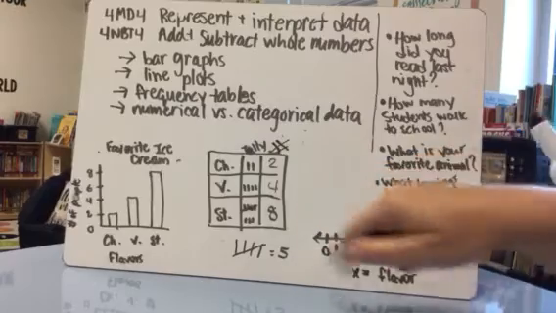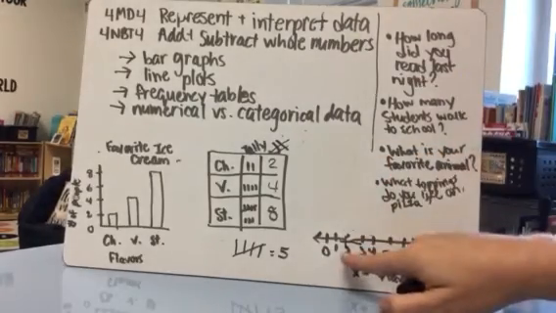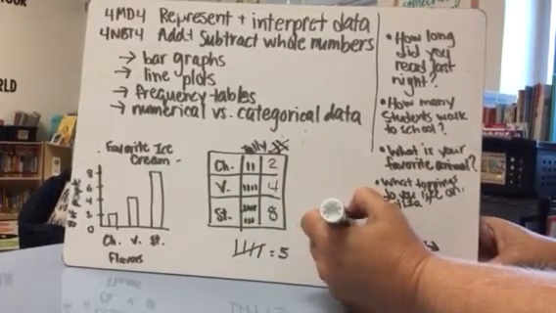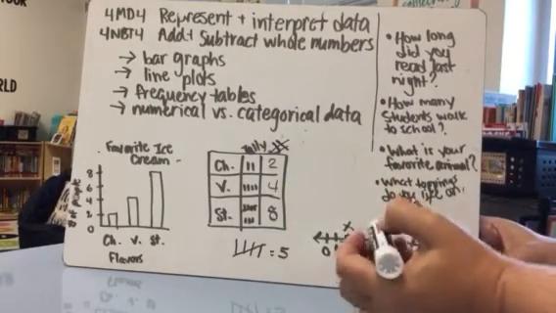So as I look at my frequency table, I see that chocolate received 2 votes. Well, this means 2 votes, and I had 1 flavor, chocolate, get 2 votes. So I indicate that with an X. Vanilla received 4 votes.